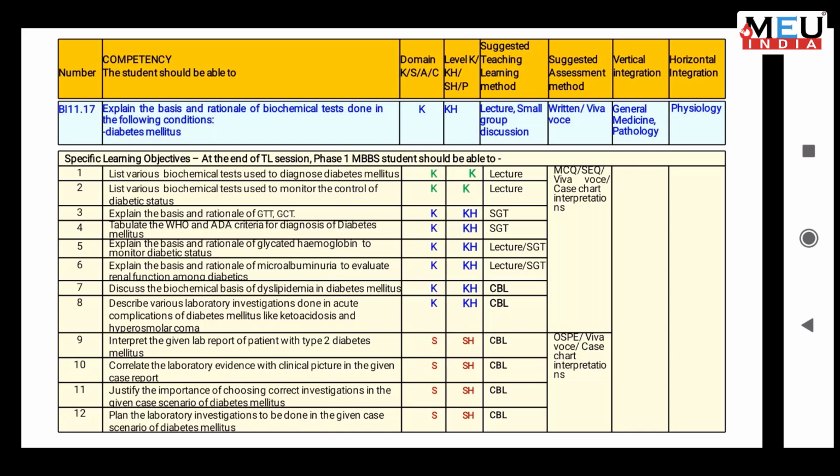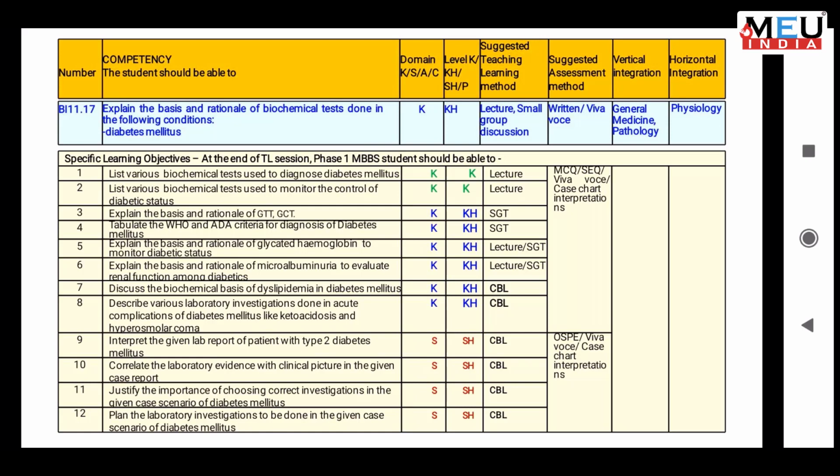The first SLO: list various biochemical tests used to diagnose diabetes mellitus. Second, list various biochemical tests used to monitor the control of diabetic status. Explain the basis and rationale of GTT, GCT. Tabulate the WHO and ADA criteria for diagnosis of diabetes mellitus. Explain the basis and rationale of glycated hemoglobin to monitor diabetic status.